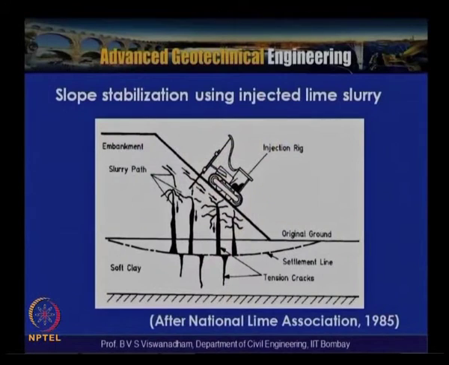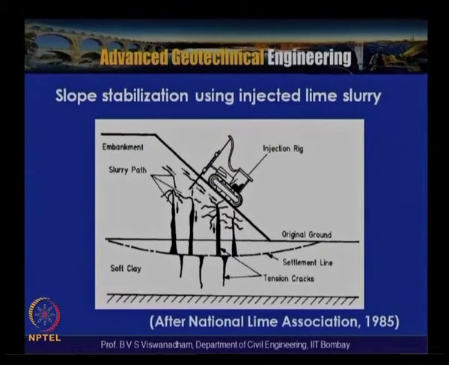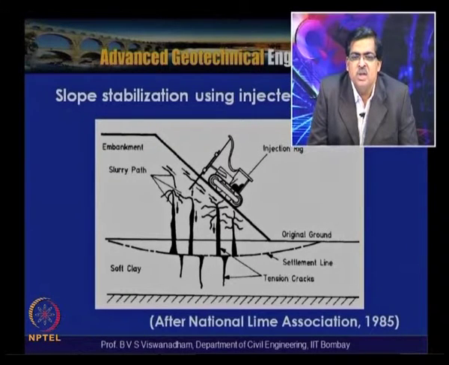This is a typical slope stabilization using injected lime slurry. Nowadays, with the availability of portable rigs, it can be mounted easily on the slope surface, and the injection is given along the slope surface.